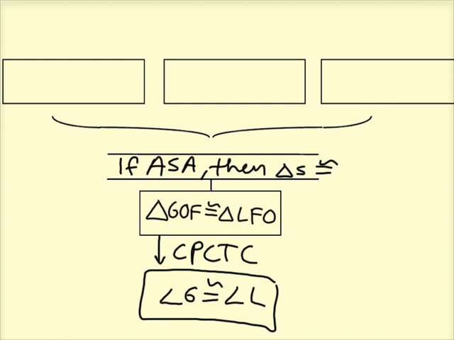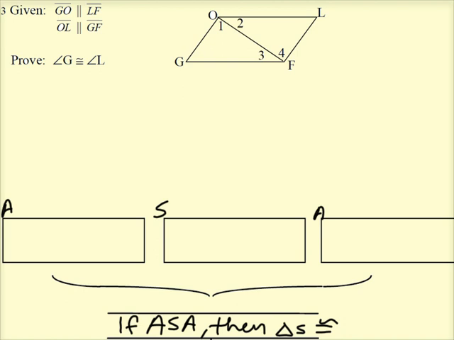All right, so now let's get back to the bulk of the proof up above. We need to talk about a pair of angles, a pair of sides, and another pair of angles. From the given information, we know GO and LF are parallel, which meant angles 1 and 4 were congruent.